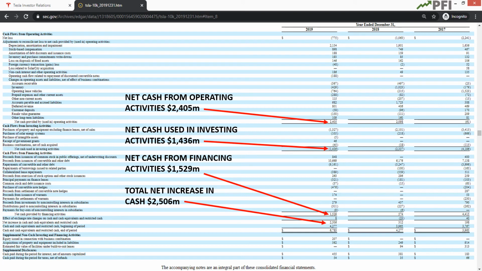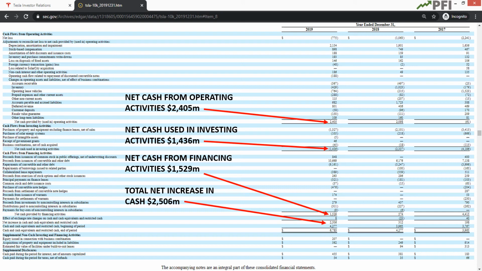Investing cash flows refer to cash inflows and outflows associated with capital expenditure on core operating assets of the business. For example, purchases and sales of property, plant and equipment. This provides investors with information regarding capital expenditure incurred.